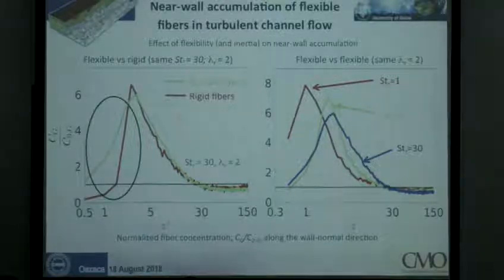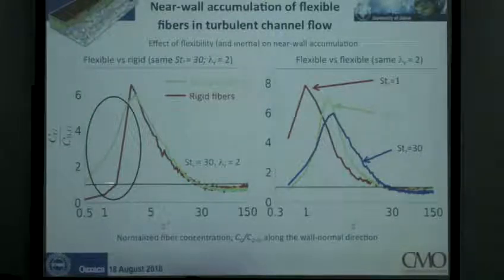Here, I'm just showing an example of the concentration profile that we get. On the left-hand side, we fix the Stokes number and the elongation of the fiber, and we compare what our flexible fibers do in terms of preferential concentration with equivalent rigid fibers. The rigid fibers have exactly the same physical and geometrical parameters of the flexible fibers, but they cannot bend. So that's the only difference.